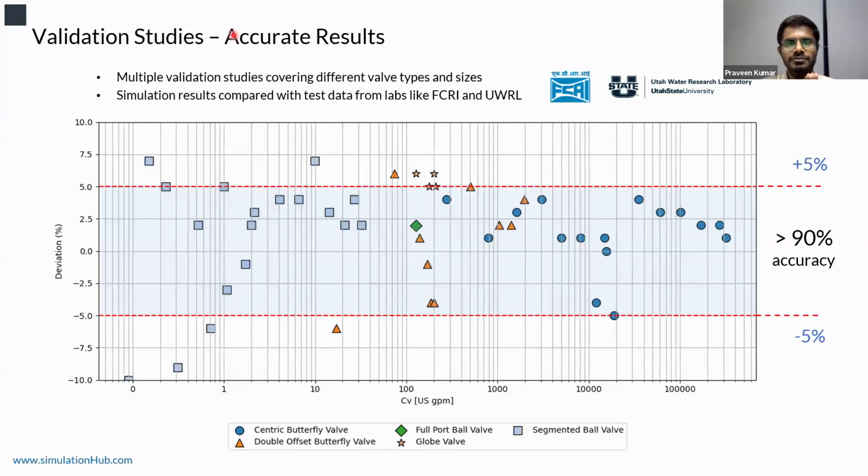We have done a number of validation case studies. We compared a lot of test data from FCRI Kerala and Utah Water Research Laboratories US, and we have considered a range of valve sizes and types: flow capacities from very small to large, and all types of valves like globe valve, butterfly valve, and ball valve.